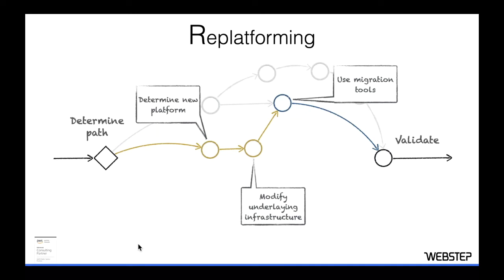So instead of running your own database, you're swapping to a database operated by the cloud vendor, database as a service. If you have a Java application running on Tomcat on Windows on-prem, maybe you're running that on Linux in the cloud. So basically you're making some changes to the platform, but you're not making a lot of changes to the core architecture of your application.